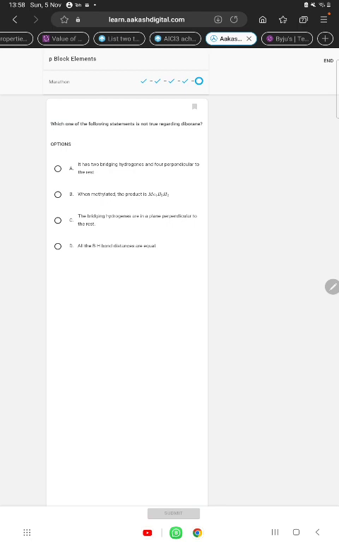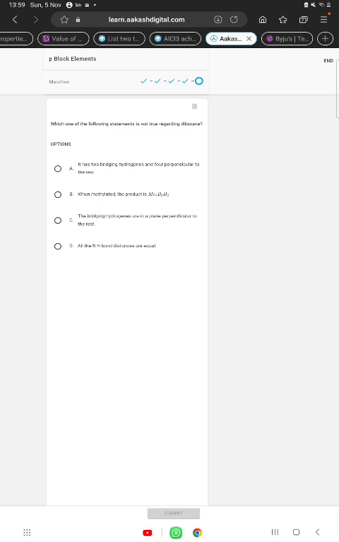Which one of the following statements is not true regarding diborane? It has 2 bridge hydrogens and 4 perpendicular to the rest. They are asking not true.